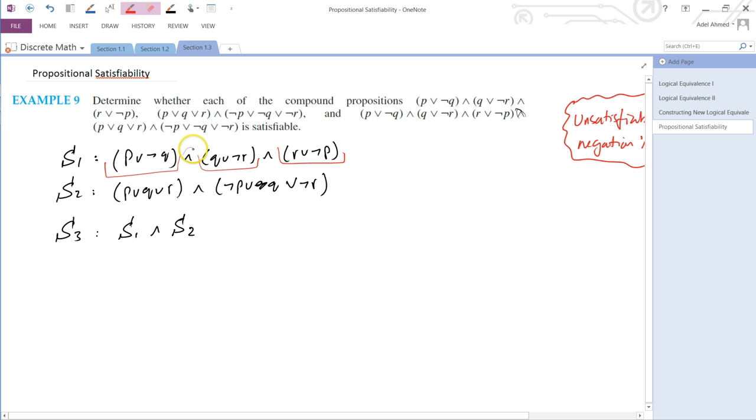So it is very clear that in order for S1 to be true, we need all three of these to be true. Now, if you look at these, you would notice that this is true when P, Q, and R have the same value.